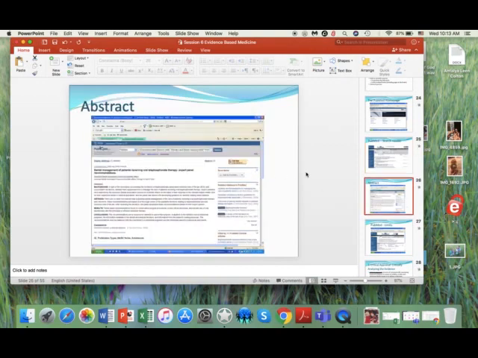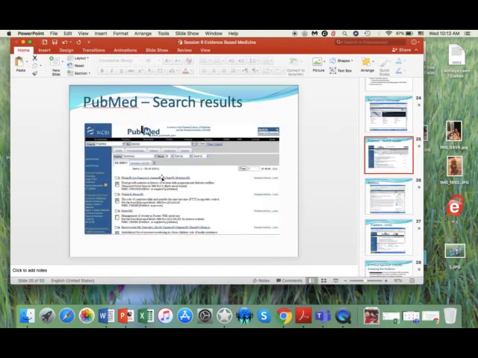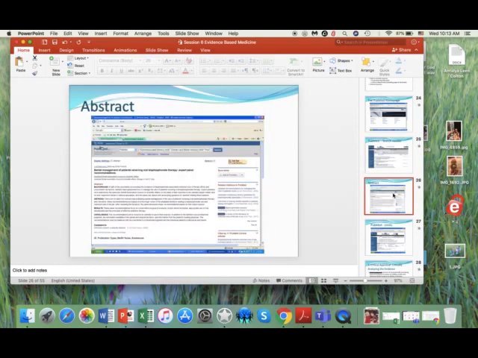You can click on one of these articles, and the abstract will pop up. So here you can at least see the abstract, and then sometimes you can click on a link like here, full text, and it will be free. Other times it'll take you to a different spot where you might actually have to pay.